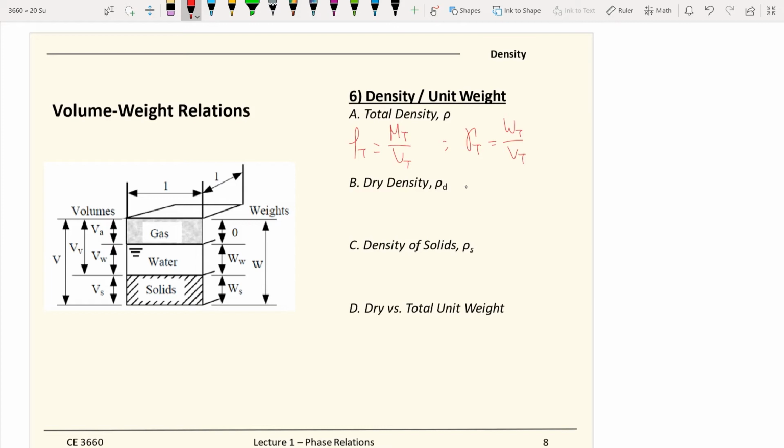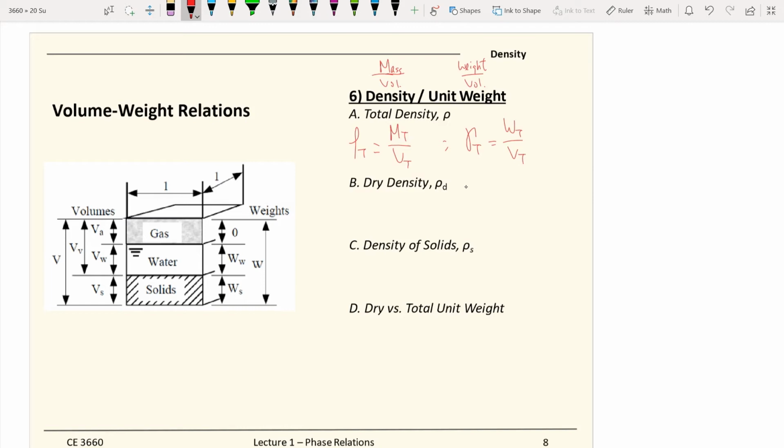And don't be confused between density and unit weight. So density, the definition is mass over volume. And unit weight, the definition is the weight divided by the volume. So again, mass and weight differ by the constant of gravity.